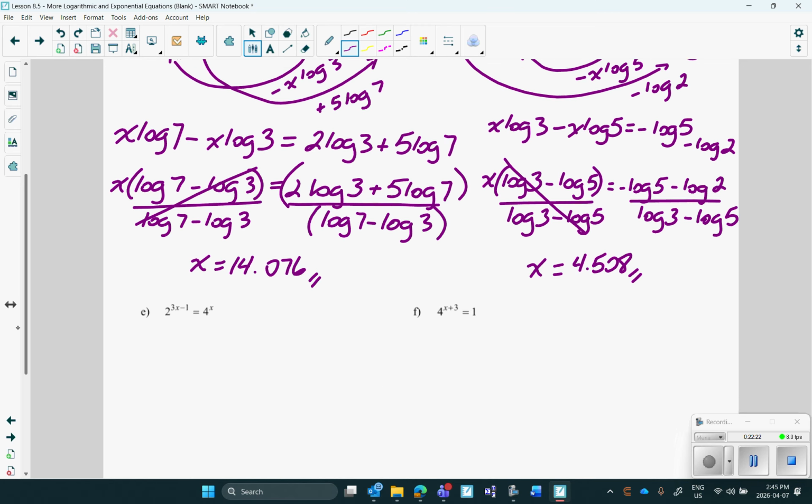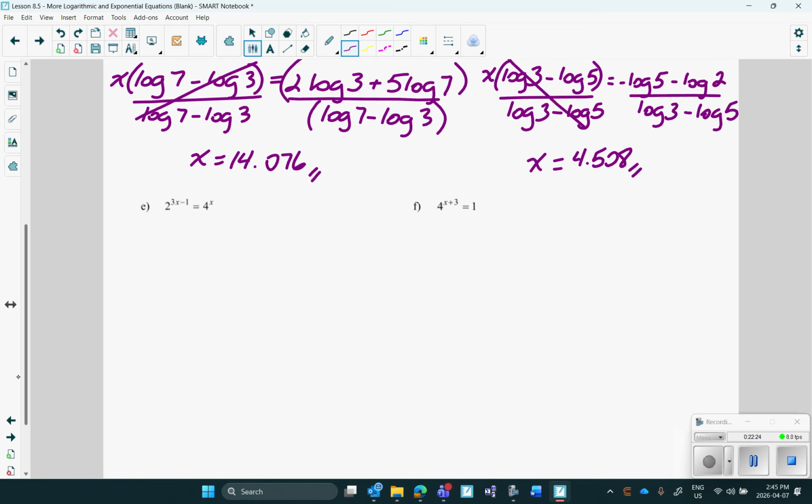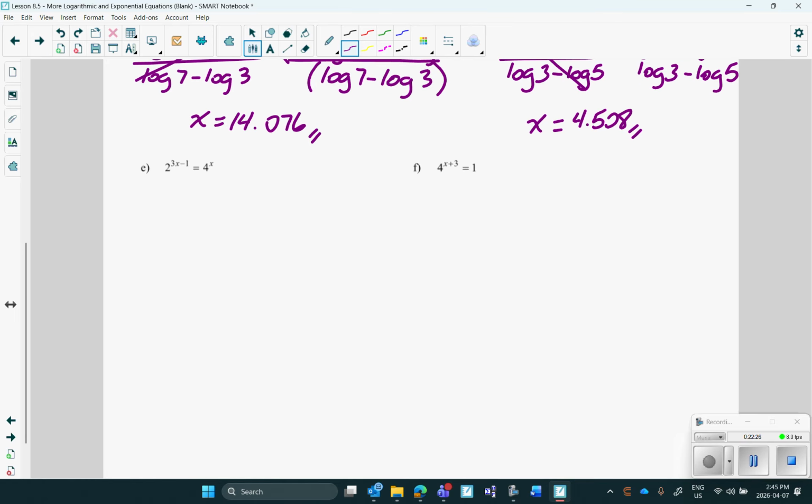We've got a couple more to do, and you may be thinking, boy, that's a lot of work. Well, if you just stop and look at the question, it might be easier. Yeah, change them to base 2. I don't have to log both sides yet.